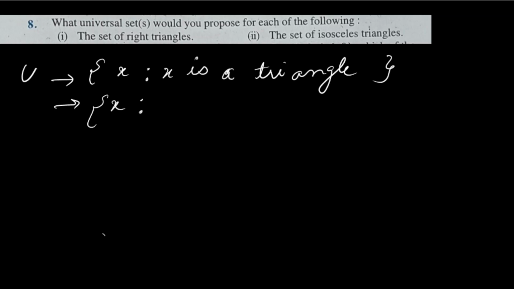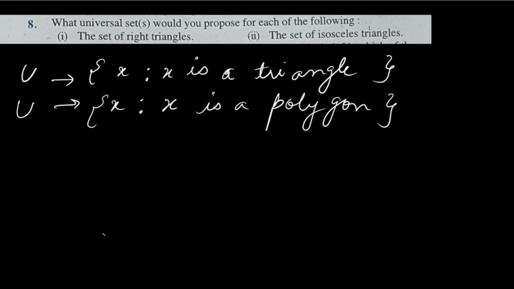It can have quadrilaterals, triangles, hexagons. So the set of all polygons you can also choose. So the universal set is x such that x is a polygon, because polygons also include everything. So from there it can also act as a universal set for the set of right triangles.